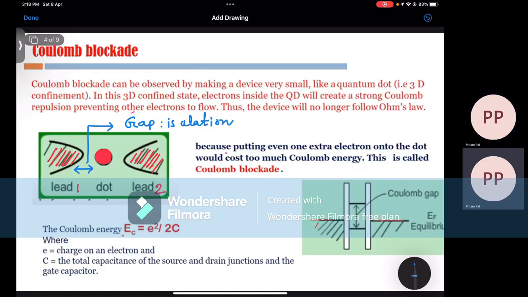So the Coulomb blockade effect can be observed by making a very small device, just like a quantum dot, with this 3D confinement structure. In the 3D confined state, electrons inside the quantum dot create a strong Coulomb repulsion.